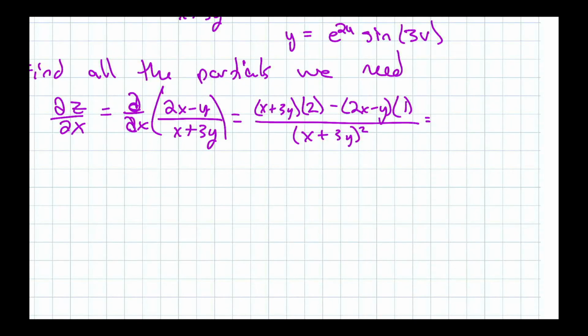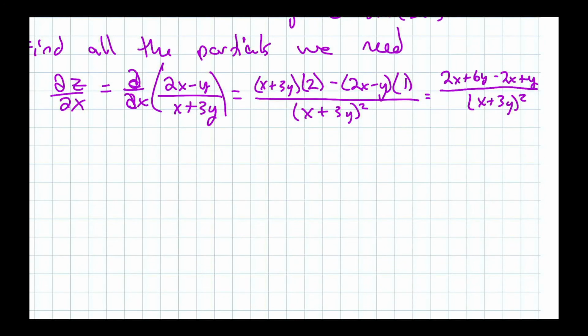What do we got? I'm just going to distribute that 2. So we have 2x plus 6y minus 2x plus y up there. Then x plus 3y squared on the bottom. Combine the x's, you get 0 on top.